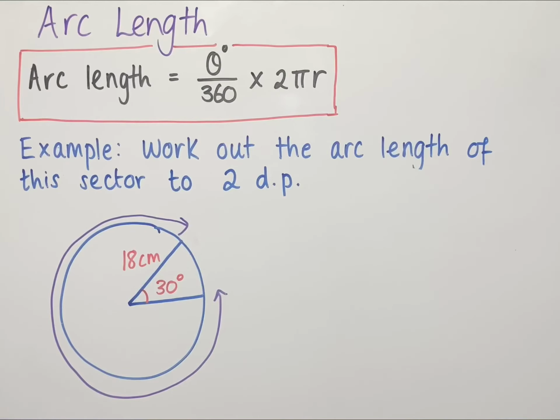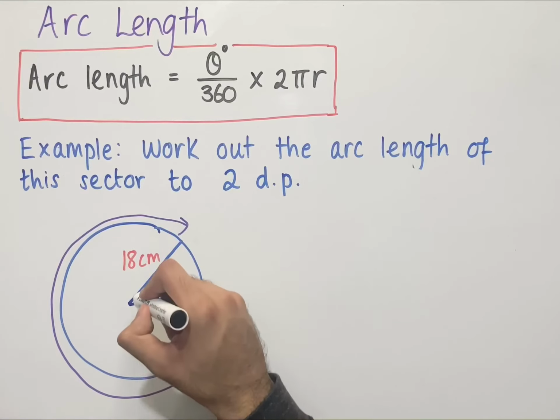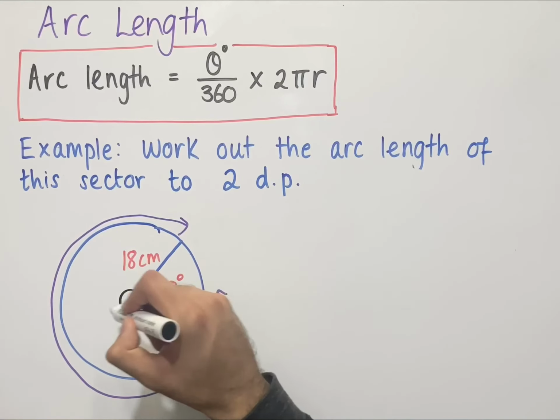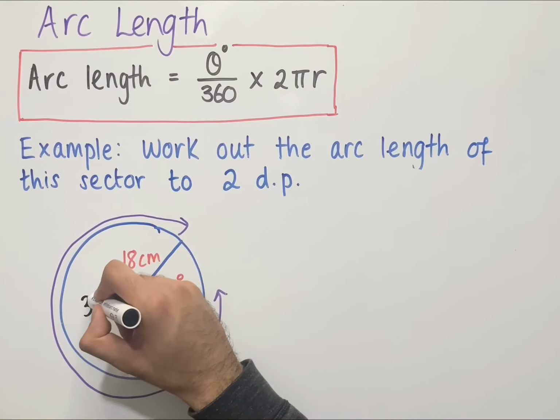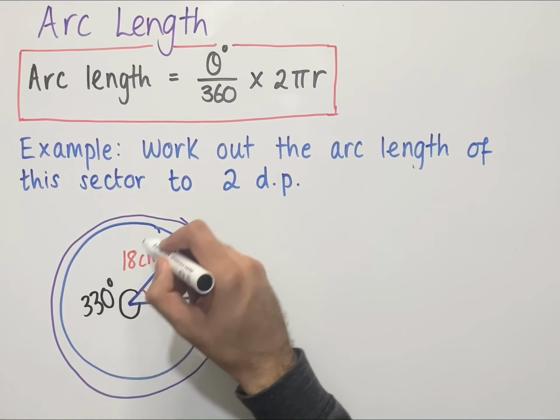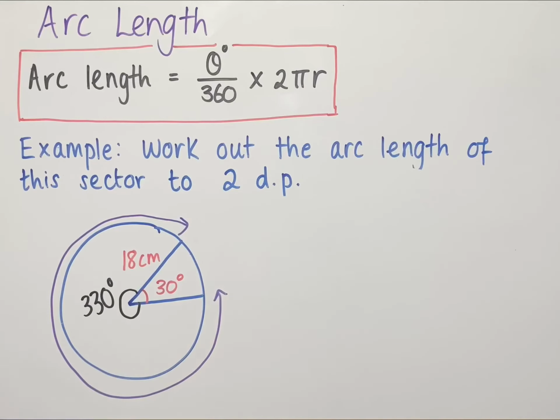Remember, angles around a point sum to 360 degrees. We've got 30 degrees here already, so to work out this angle in the middle, we would do 360 minus 30, which gives us 330 degrees.